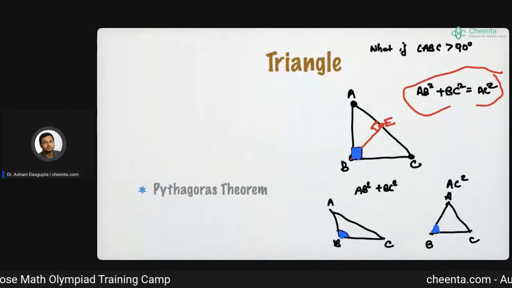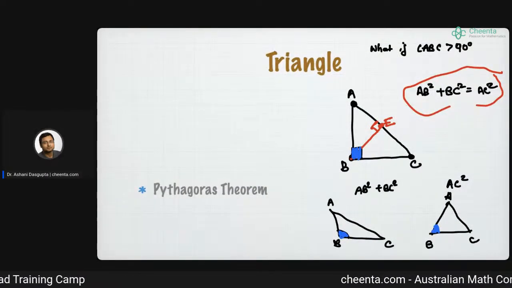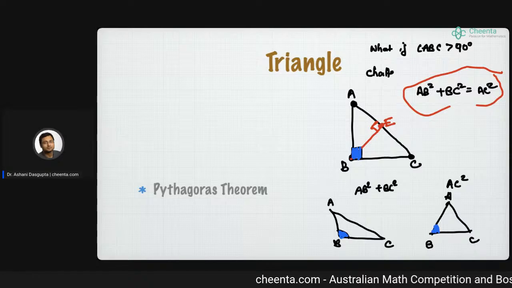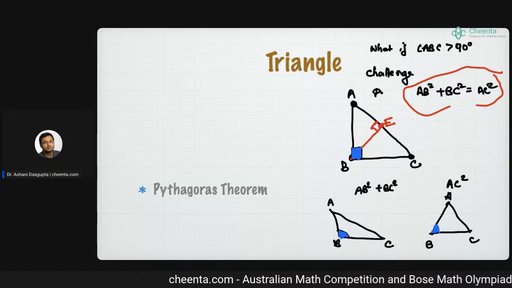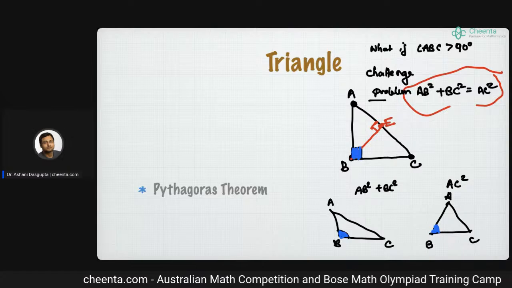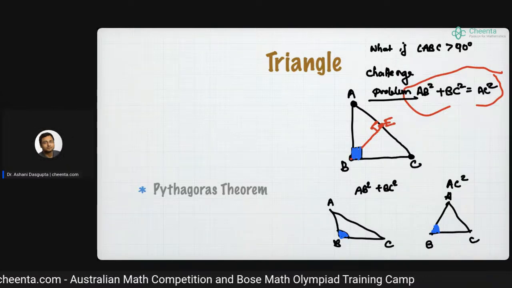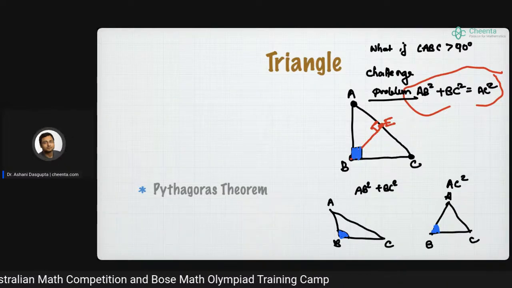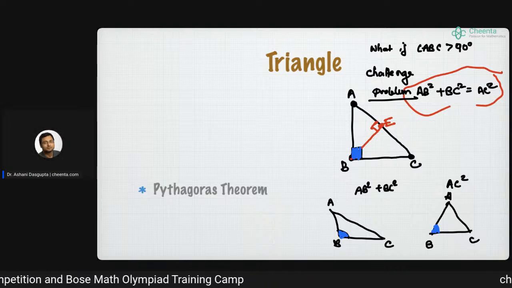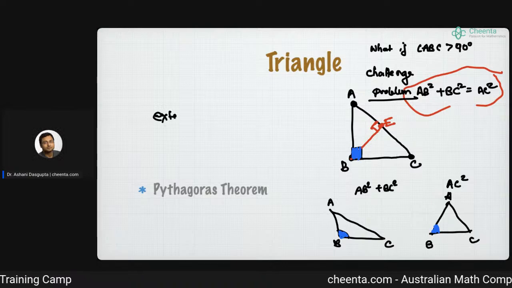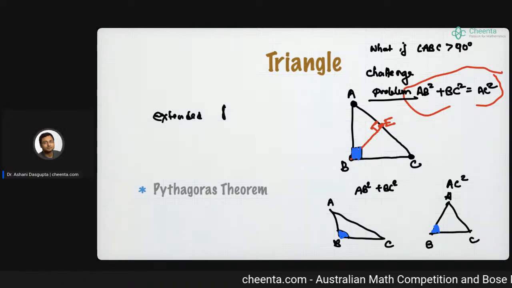Okay, so maybe this is a challenge problem for all of you. Using elementary geometry, can you argue what would happen in either of these two situations? That could give you something called an extended Pythagoras theorem.